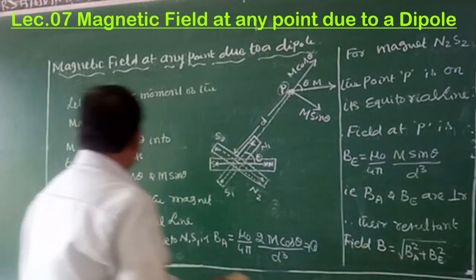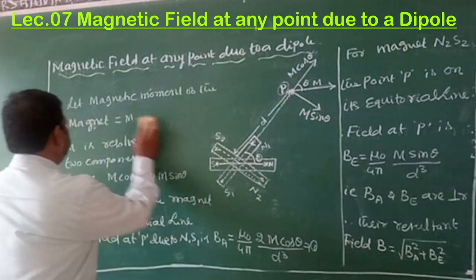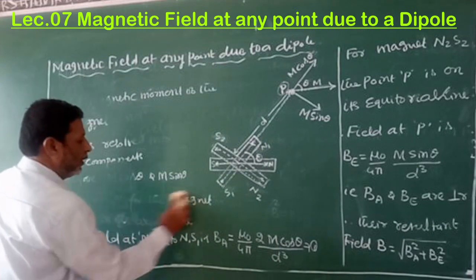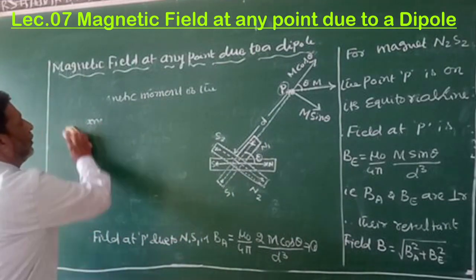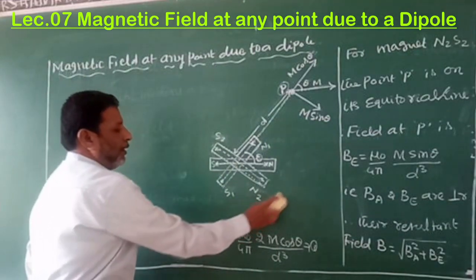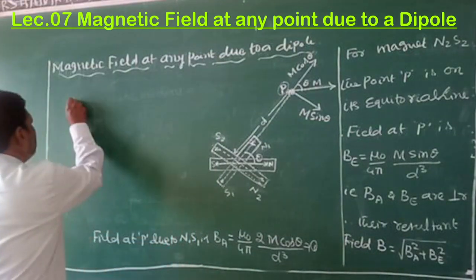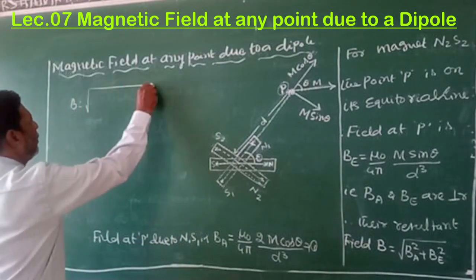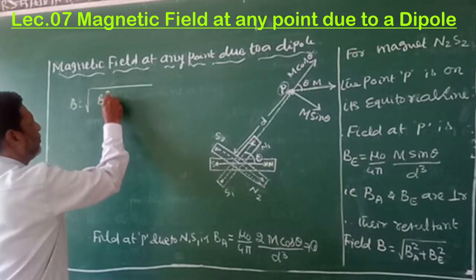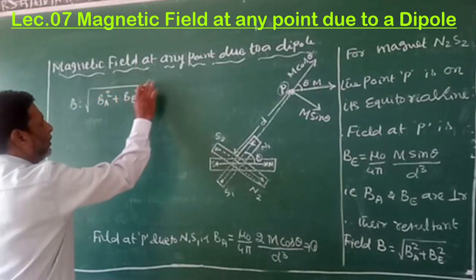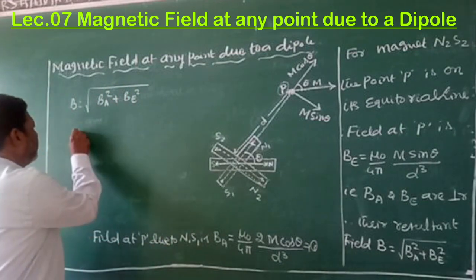Now I will arrange this. Therefore, B is equal to the square root of BA square plus BE square. Now you substitute these two values.